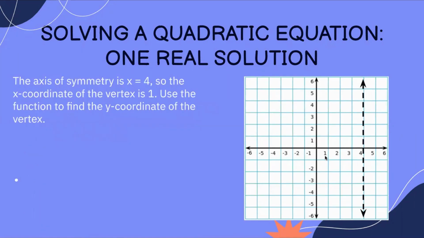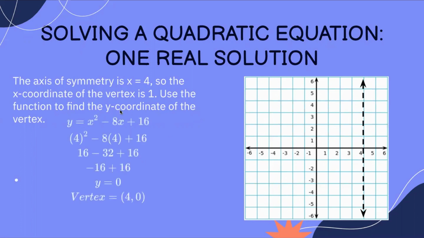Again, the axis of symmetry is x equals 4, so the x-coordinate of the vertex is going to be 4. You're just going to take the equation that we're trying to solve, which is x squared minus 8x plus 16, and plug in 4 for your x value to find your y. So that would give you 4 squared minus 8 times 4 plus 16. So 4 squared would just be positive 16.